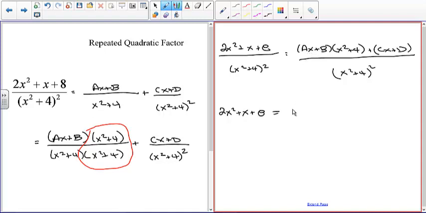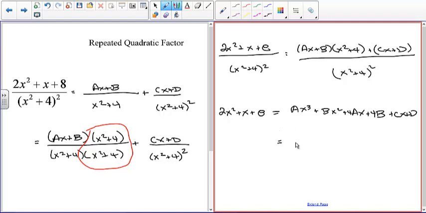So what I'm going to do is multiply this out, just to save one step. You get ax times x squared, so you get ax cubed. Then you have b times x squared, so you have bx squared. Ax times 4, that's 4ax, and b times 4, which is 4b. And then you've got the second bunch, which is cx plus d. And that's it, because we're just looking at the numerators.